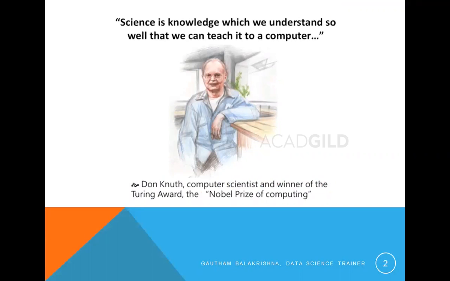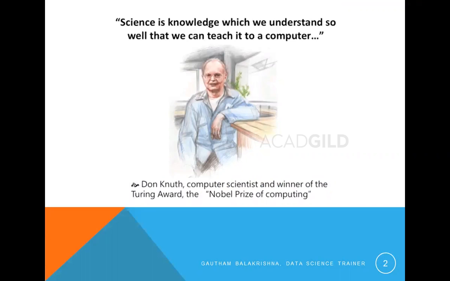Before that, I want to bring up some quotes by a few data scientists or computer scientists around the world. So basically, science is defined as knowledge which we understand very well, so which we can make the computer understand as well.